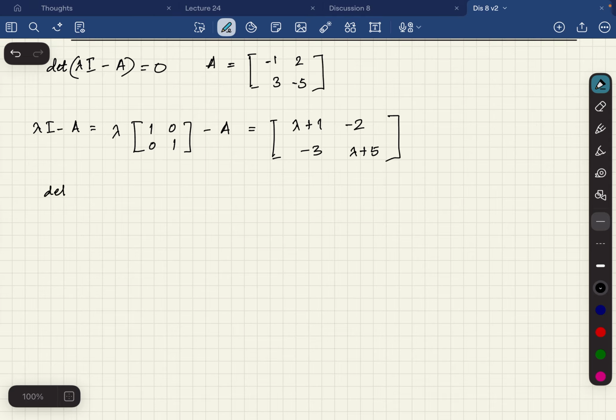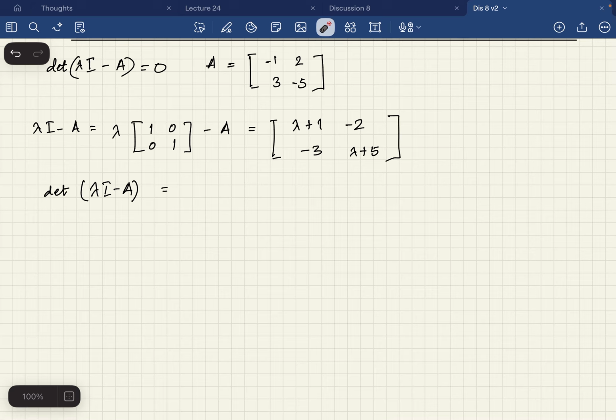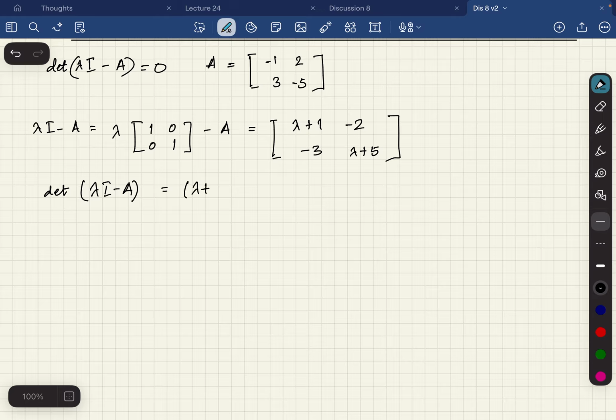The determinant is first of all this times this minus this times this. So you would get lambda plus 1 times lambda plus 5, minus minus 2 times minus 3.